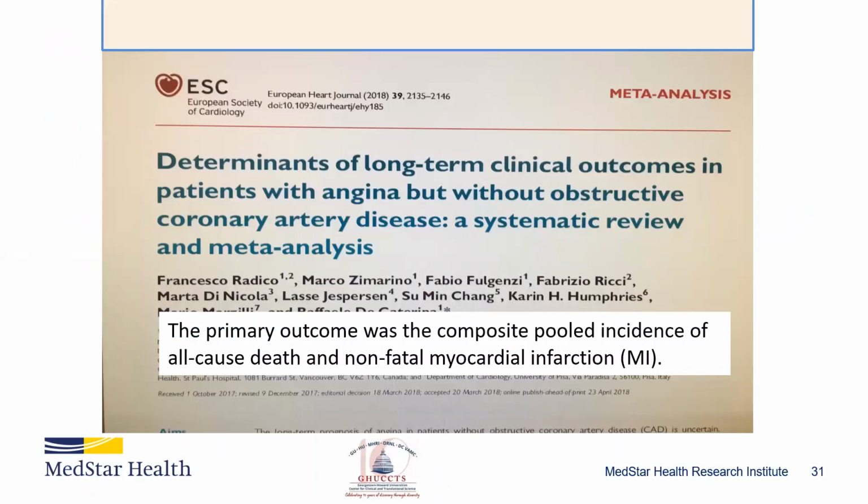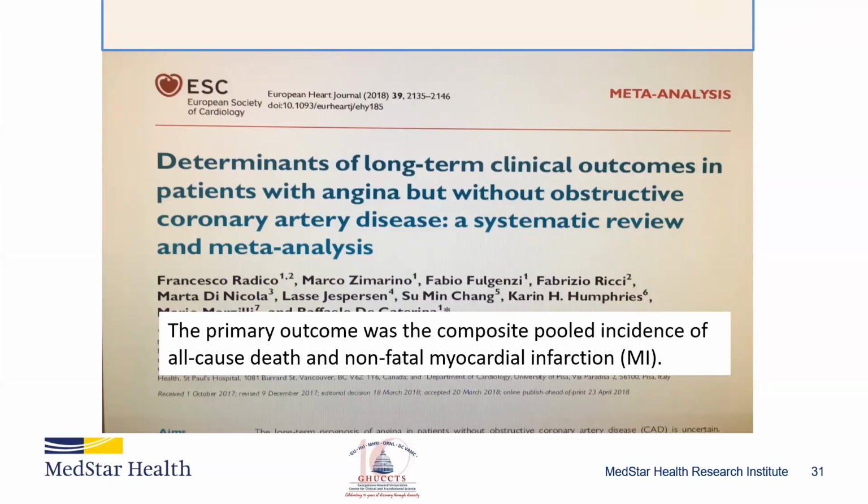Okay, so the third and final study that I want to focus on is actually a fairly good study. This study doesn't compare particular treatments, but it's looking at a particular patient type, patients with angina but without obstructive coronary artery disease, and it's gathering studies to look at what the rates are.